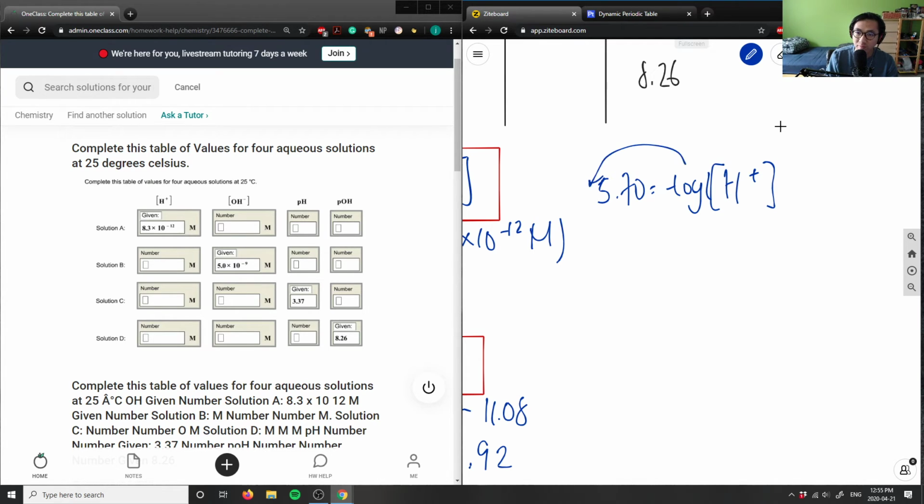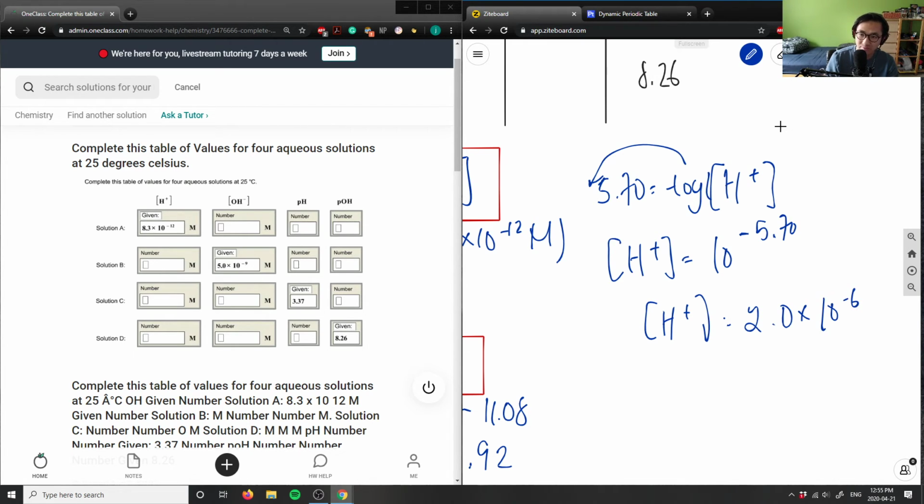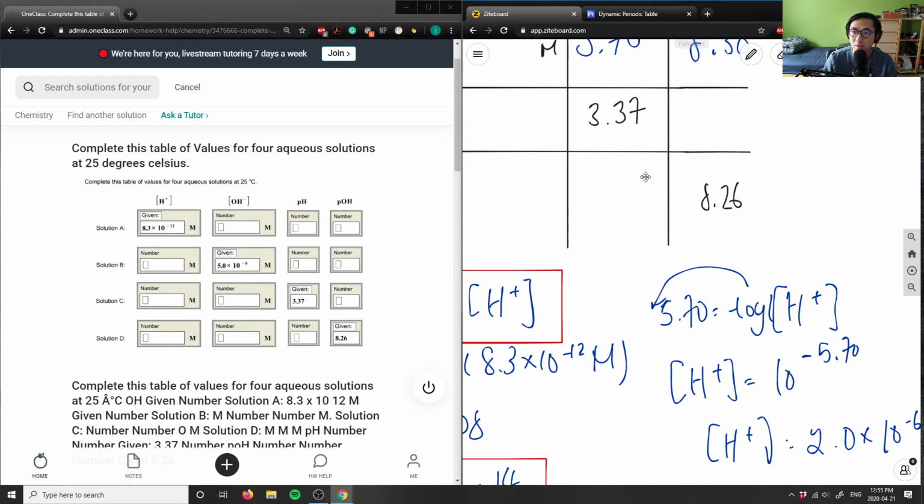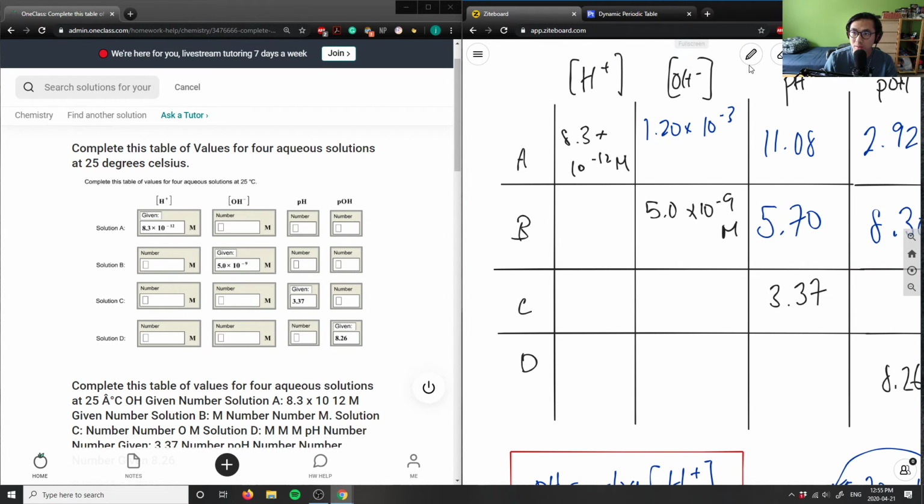And I have to move the negative log to this side, so H plus would equal 10 to the power of negative 5.70. This here is 10 to the power of negative that, which is 2.0 times 10 to the negative 6.